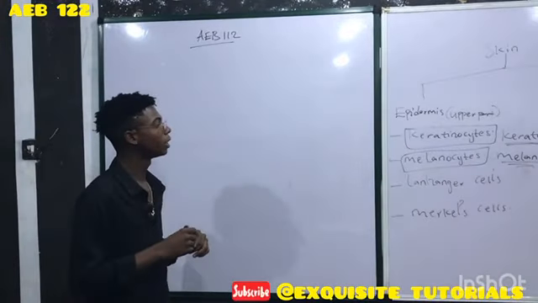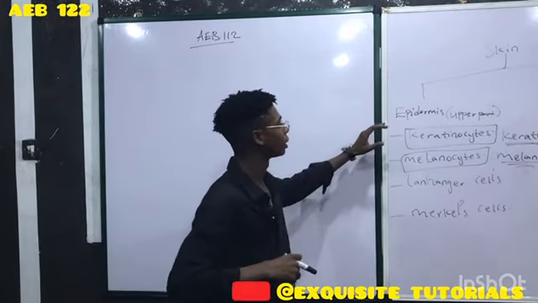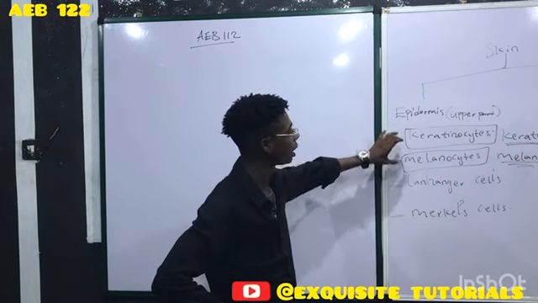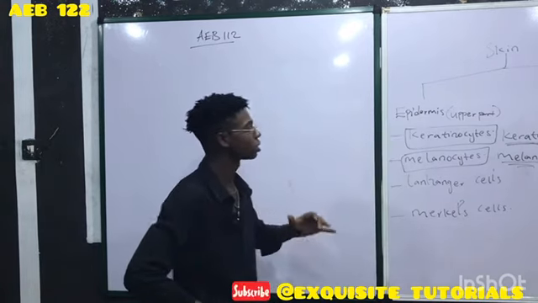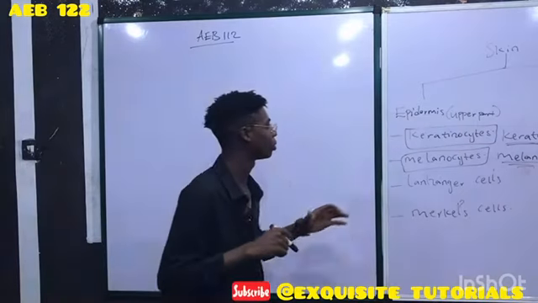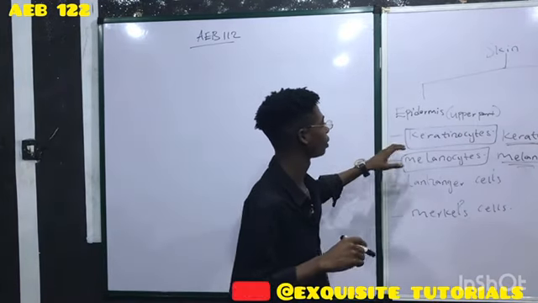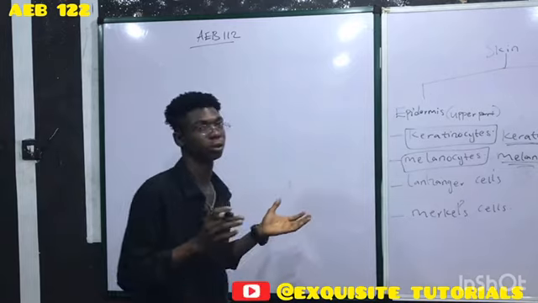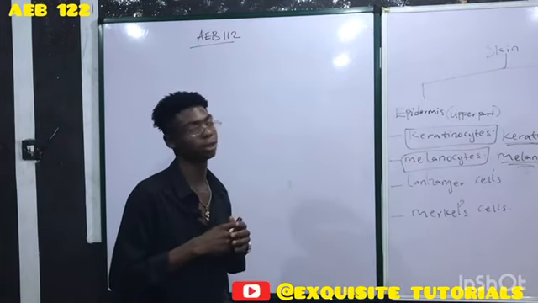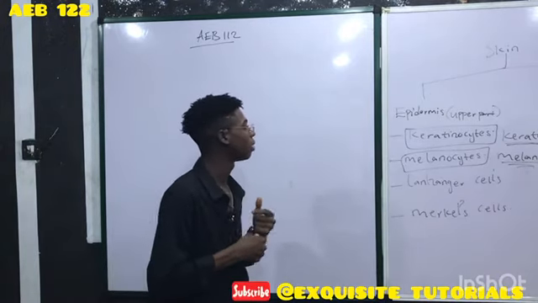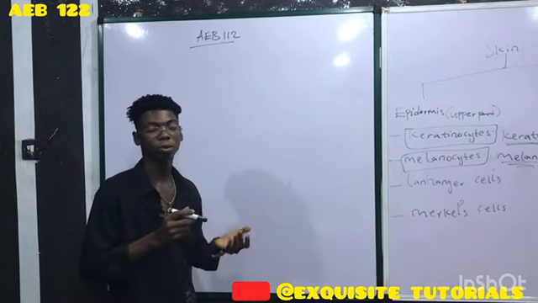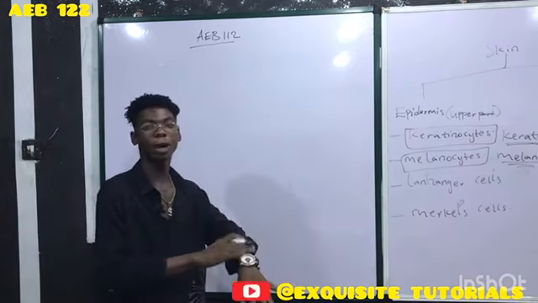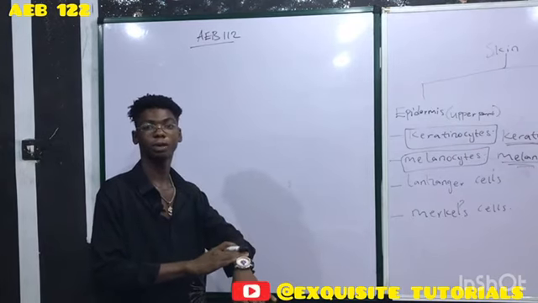Now, we were talking about keratinocytes and melanocytes. I will just give a brief recap of keratin. We said that 90% of the epidermis is made up of keratins. Keratins are on the upper part of the skin.